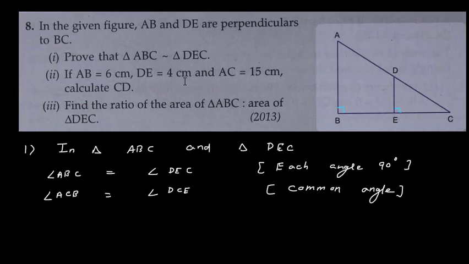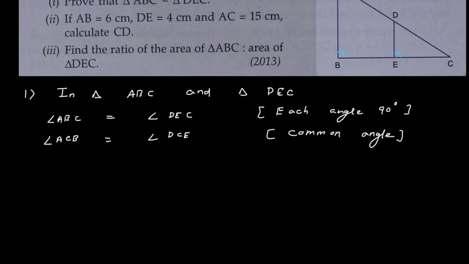Third, you have to calculate CD. So the first part we have done, therefore I can say that triangle ABC is similar to triangle DEC. These two triangles are similar. This is the first part.